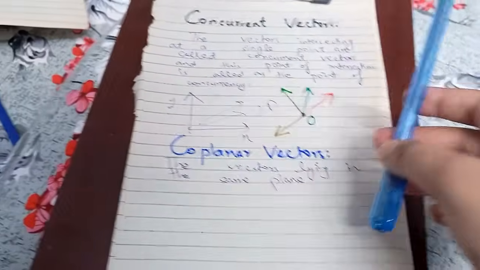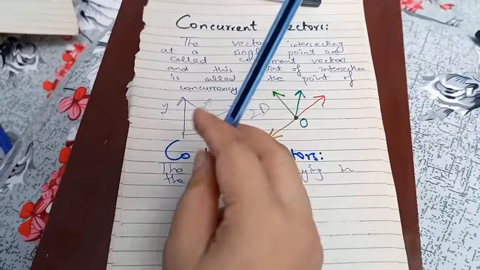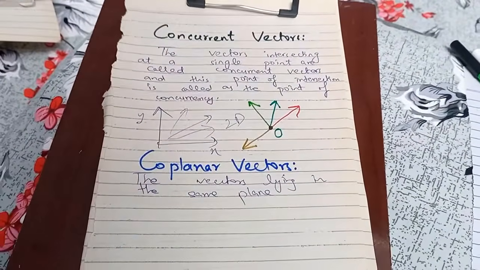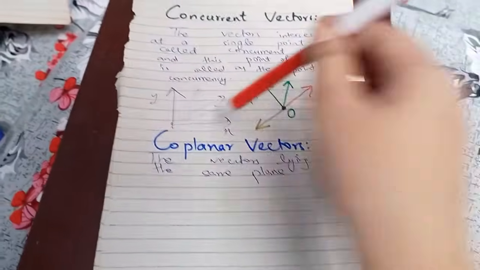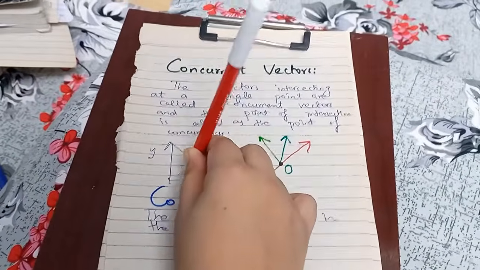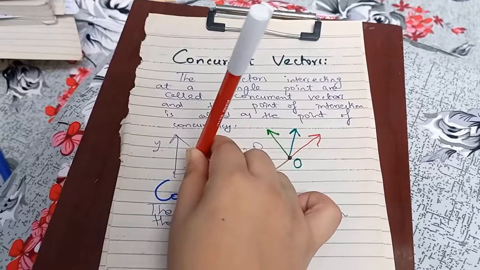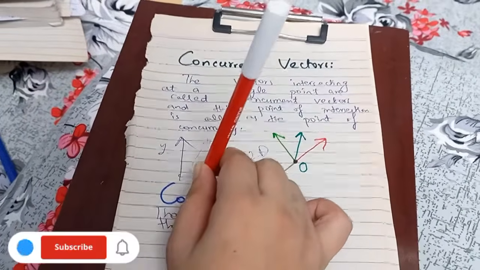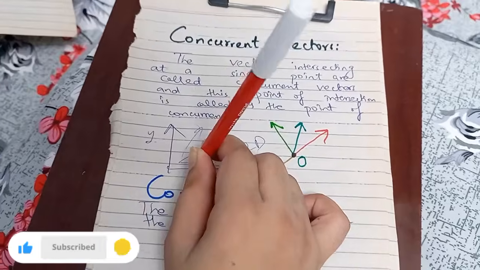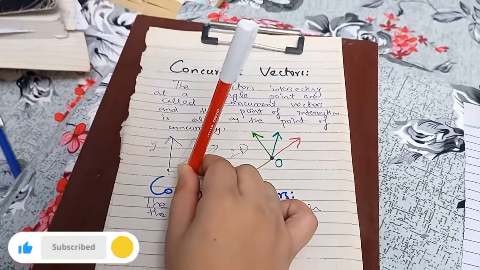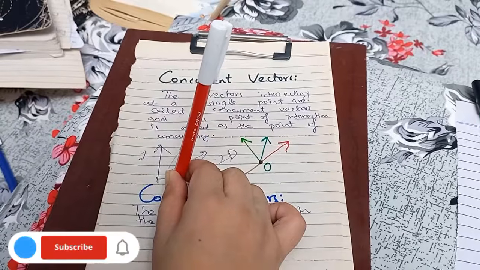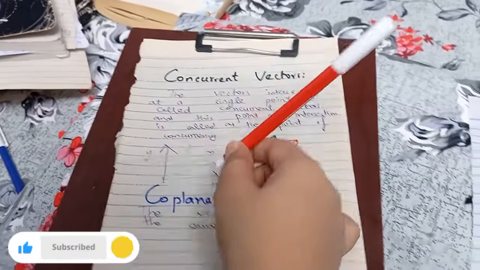But if one of those vectors, what we call a rebellious vector, comes in, pointing in the z direction, vertically upward, then this vector is a non-coplanar vector. This vector is non-coplanar because it is lying in the z direction as well.